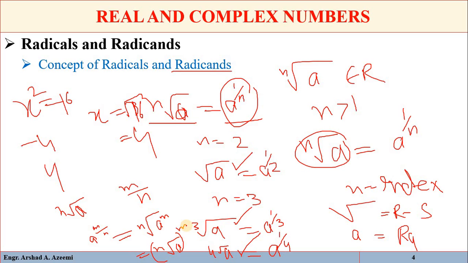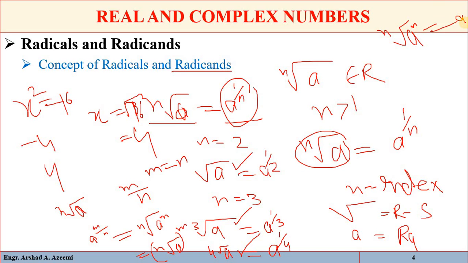This is another representation. And if m is equal to n, then we will have the nth root of a to the power n, and it will be equal to a.